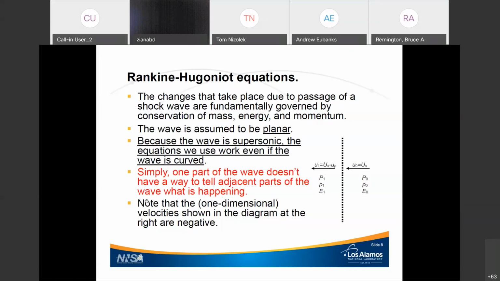Don't get hung up about that, because basically in shockwave work, because of this planarity condition, we can treat the equations as one-dimensional. Even if the shock wave is inclined, so the material is coming in at some angle, the equations work. There's simply a trigonometric change because it's the normal component of the velocity we'll be dealing with.